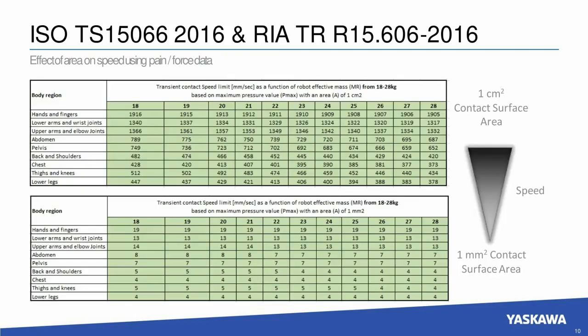Okay. What I want to show by this slide and what I want to indicate is you can see by the calculations found in the TS that your allowable speed dramatically changes with surface area. So we did all of our initial testing with 1 centimeter square, but if I drop down to 1 millimeter square, say to the diameter of a 0.045 wire, you'll notice that the robot now was moving very quickly, or had the ability to move very quickly by the calculations, and now I'm barely moving or not moving at all.